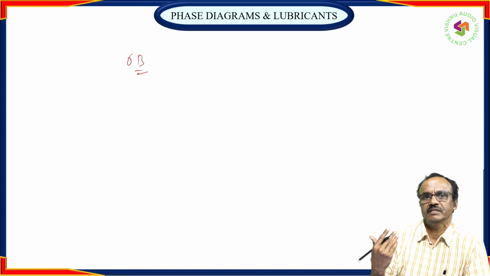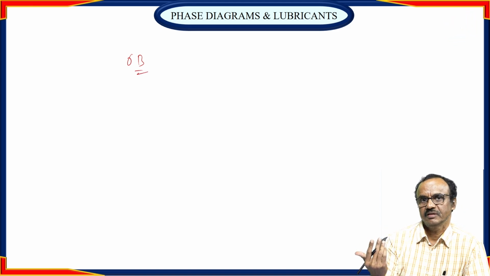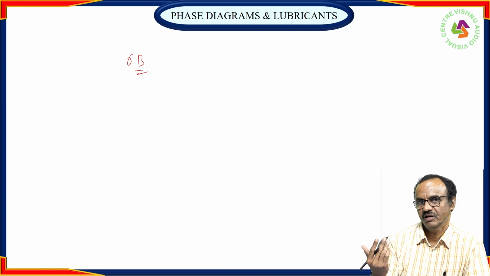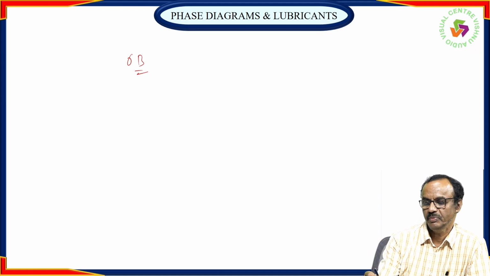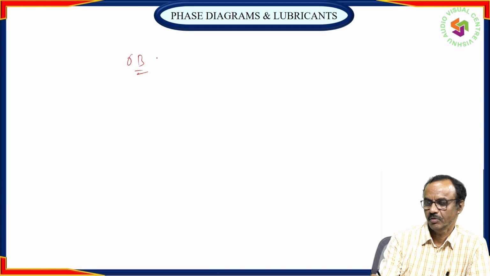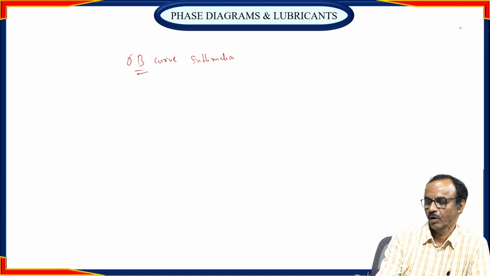When ice vaporizes, the conversion of solid into vapor is called sublimation. Therefore, it is called the sublimation curve. The OB curve is also called the sublimation curve. Right?